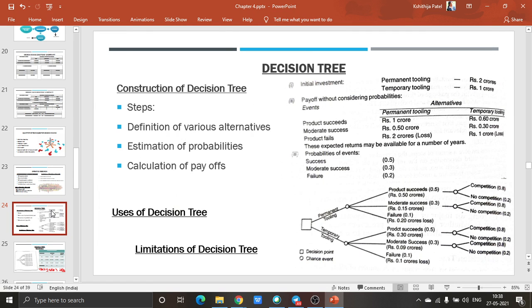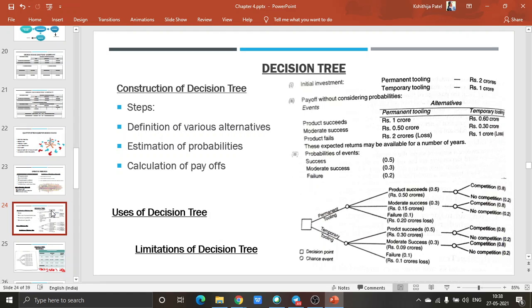Now speaking about the uses of the decision tree, along the way we have discussed, but even then what we can see is that, first, it helps to make decisions in complex situations, particularly when the outcome of the later situation depends on the outcome of the former step. What is significant about the decision tree approach is that it does several things for decision making.